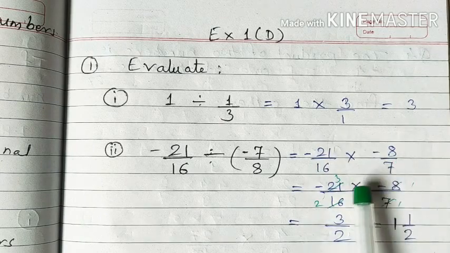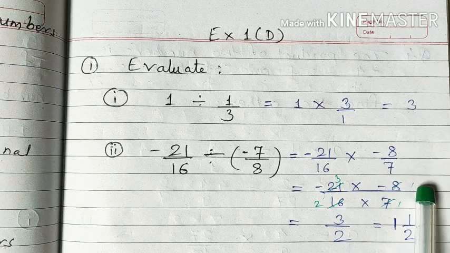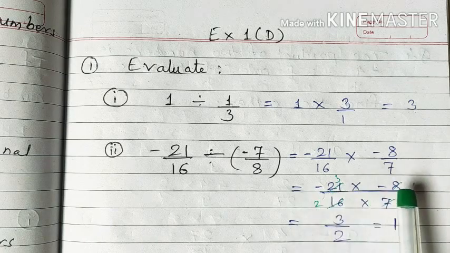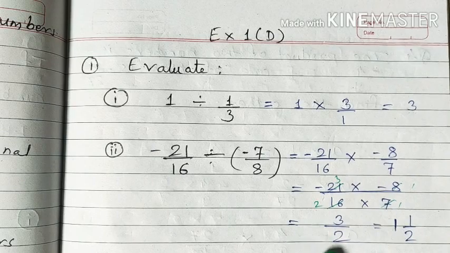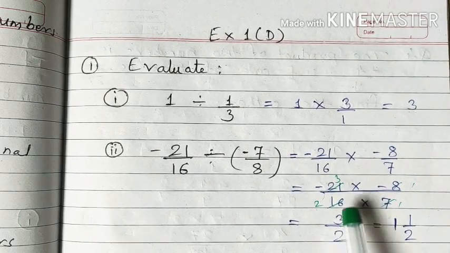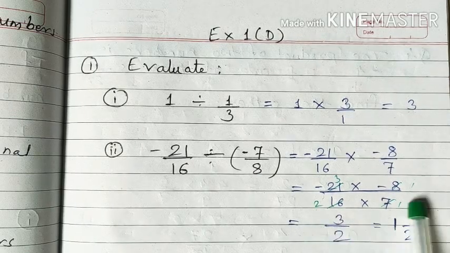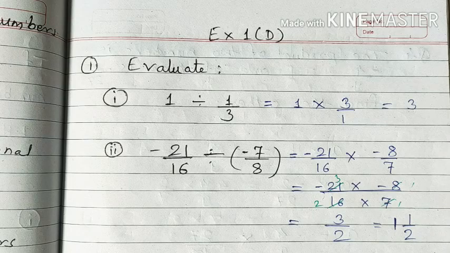So numerator multiplied by numerator, denominator multiplied by denominator. 8 ones are 8, 8 twos are 16, 7 ones are 7, 7 threes are 21. Minus multiplied by minus, the answer should be positive, 3 upon 2. Got it? Or we can also write it as a mixed fraction, 1 integer 1 by 2.